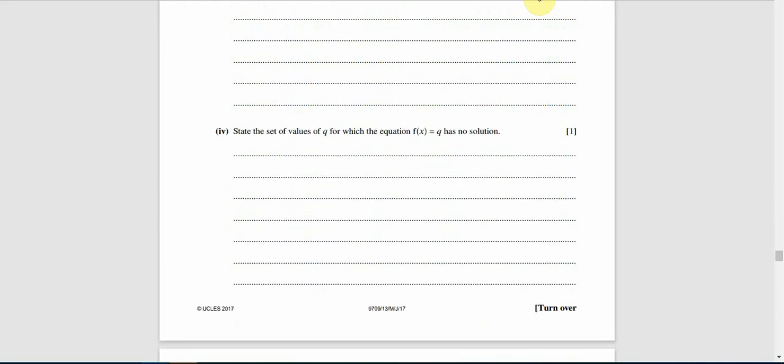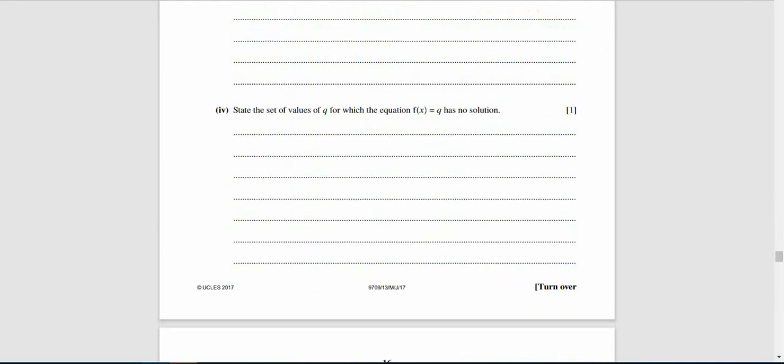And moving on to part 4. Part 4 says, state the set of values of q for which the equation f(x) equals q has no solution. f(x) is basically y. So for what set of values of y will the equation have no solution? If I just draw my quadratic curve here, the turning point's coordinates are 1 upon 3 and 5, right?